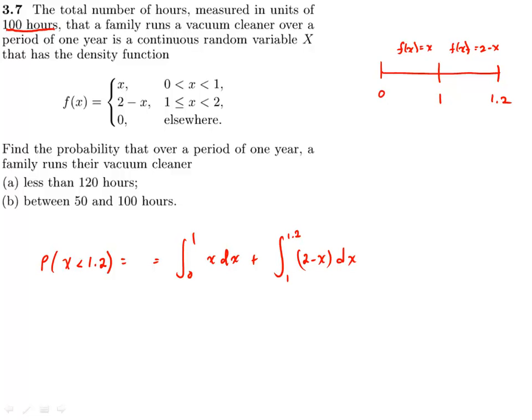For the first portion, from 0 to 1, you integrate the first part, and for the second portion, you integrate the second function. If you solve this integration, it should give you 0.68.